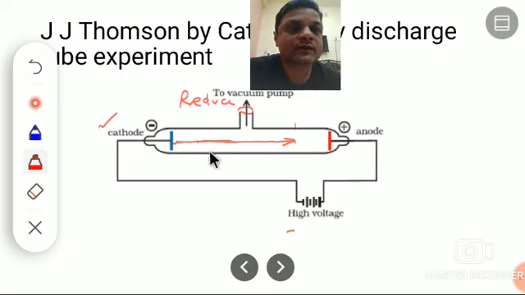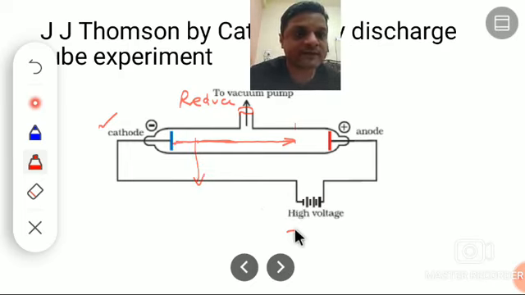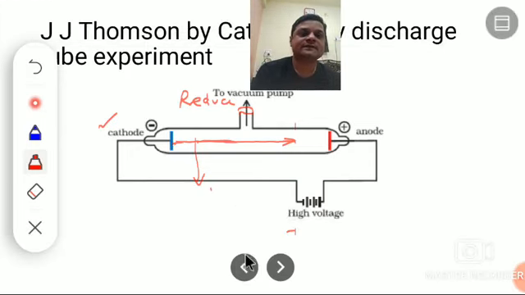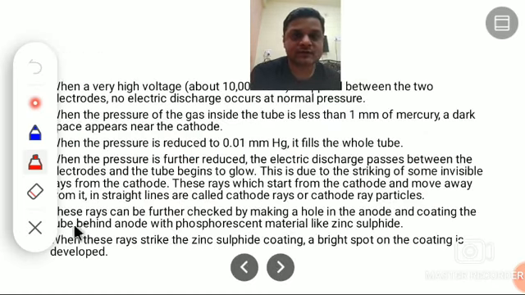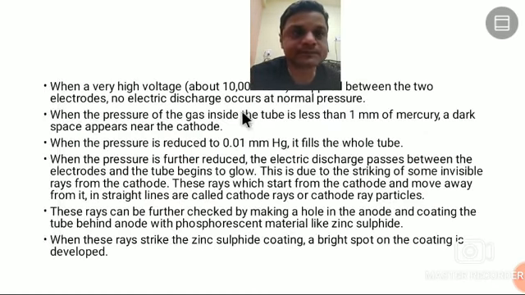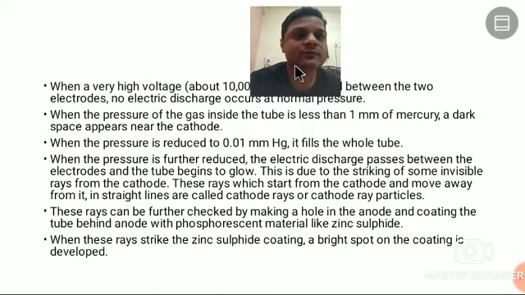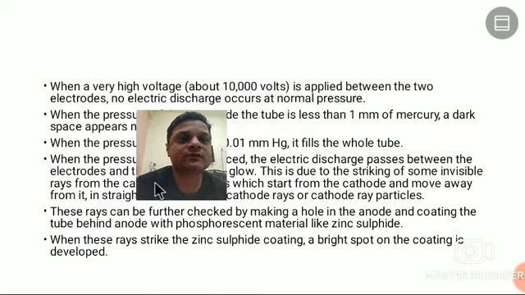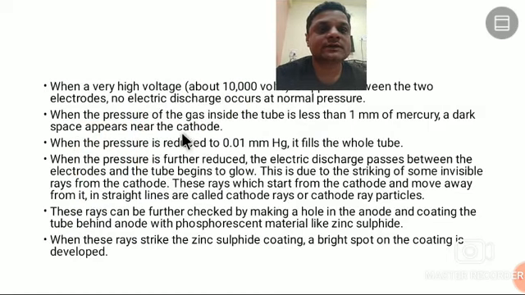This particle which travels from cathode to anode is called the cathode ray. Cathode rays travel from cathode to anode at high voltage and low pressure. Now we can see the conclusion of the experiment. When a high voltage of 10,000 volts is applied between the two electrodes, no electric discharge occurs.